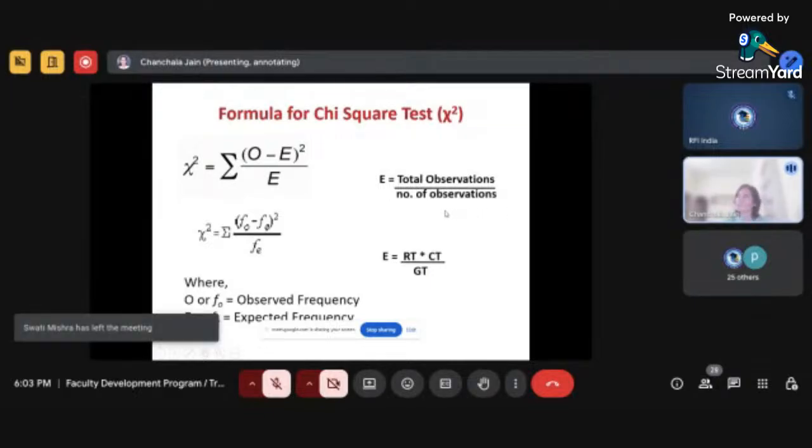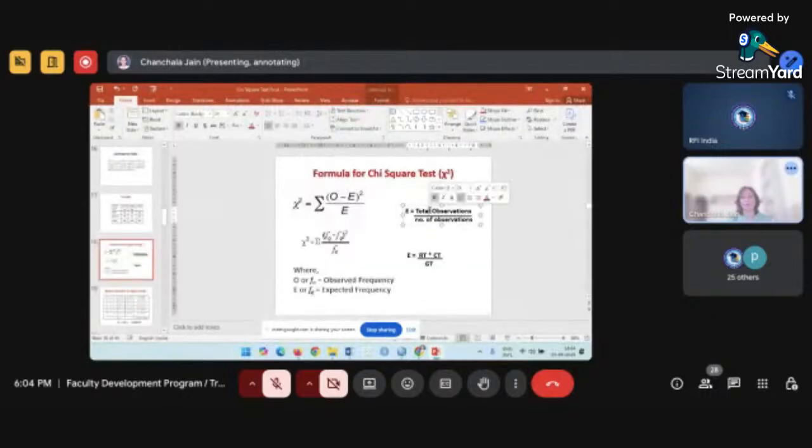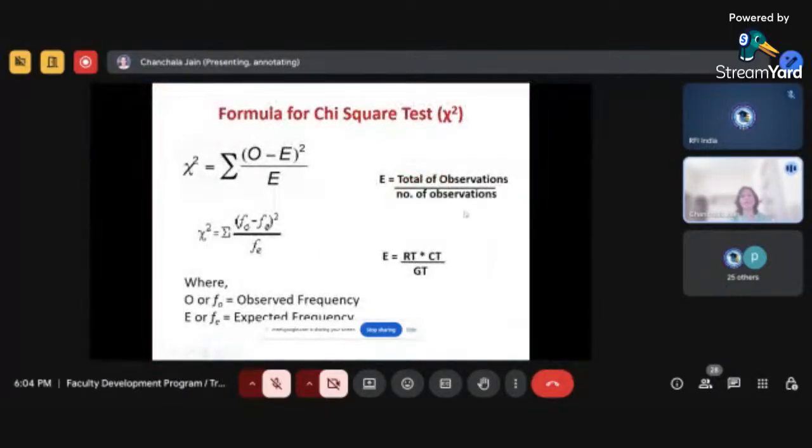It says total of observations divided by number of observations. It is like an average of the observations, and that is known as the expected frequency.